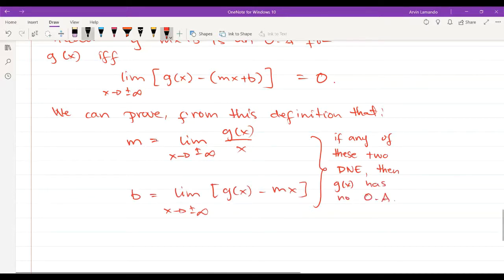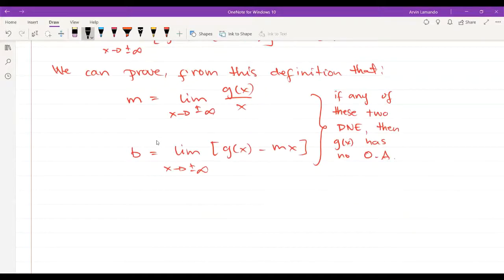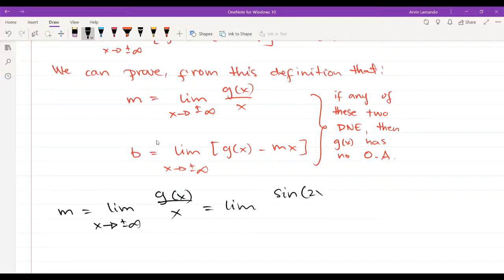Okay, so let's do that. Let us compute for m. m is equal to the limit of g of x all over x as x approaches positive or negative infinity. And this is equal to the limit of sine of 2x all over 2x as x approaches positive or negative infinity.